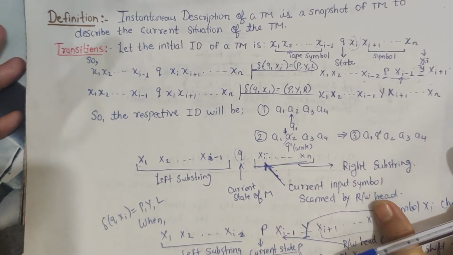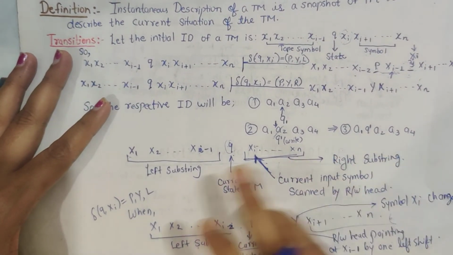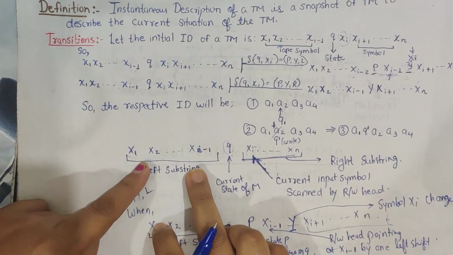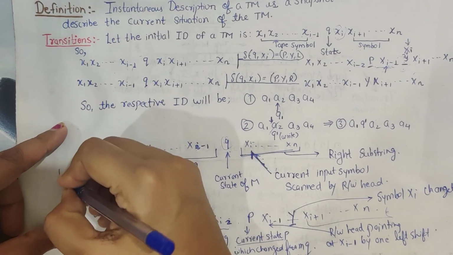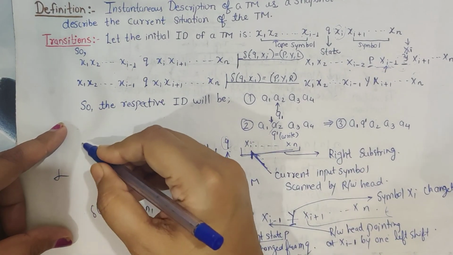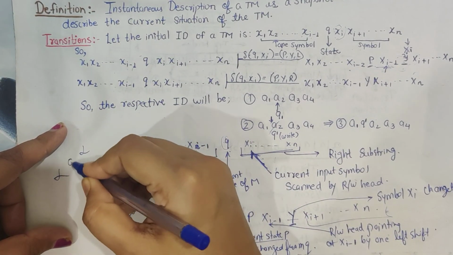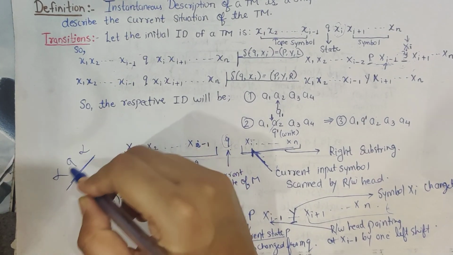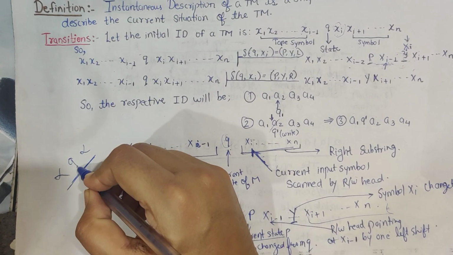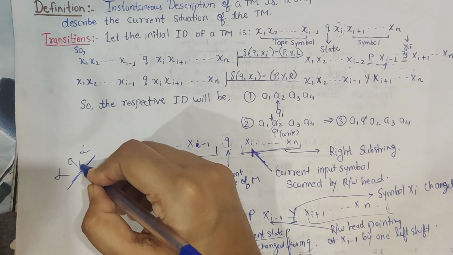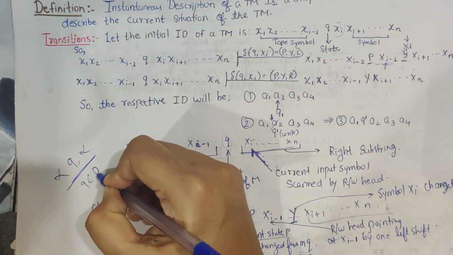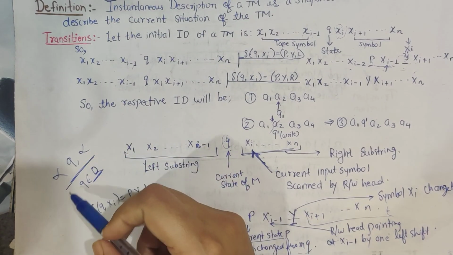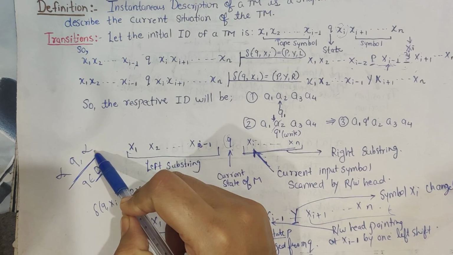So the instantaneous description of the Turing machine, what we had seen, has a left substring and a right substring. You can assume this left substring as alpha 1, and the right substring as alpha 2, and the state q. Here q is the current state of the machine M, and this small q belongs to what? Capital Q, that is the set of states, and alpha 1 and alpha 2 are strings in what?